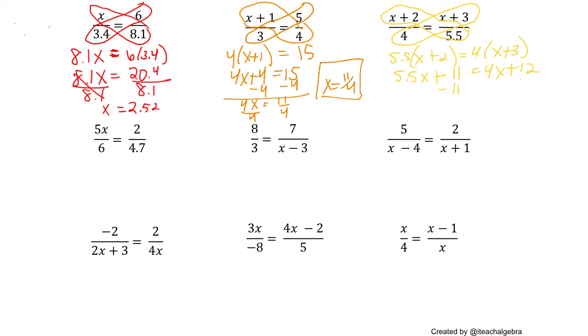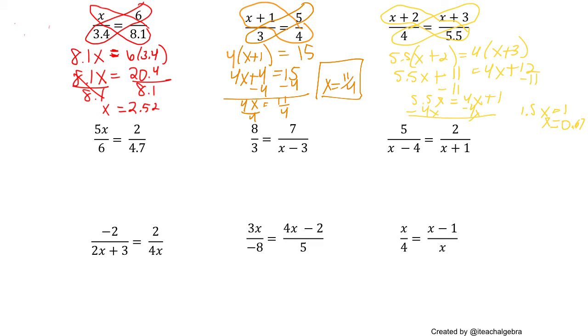Let's subtract that 11 from each side, and we get 5.5x is 4x plus 1. Subtract our 4x from each side, and we get 1.5x equals 1. And that means x is 0.67 or so.